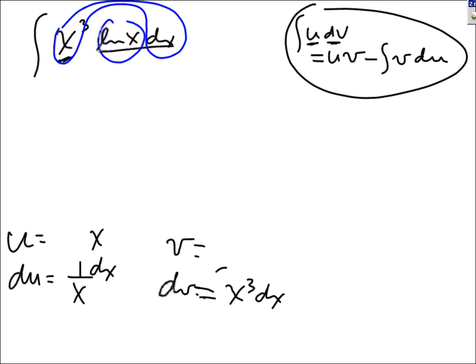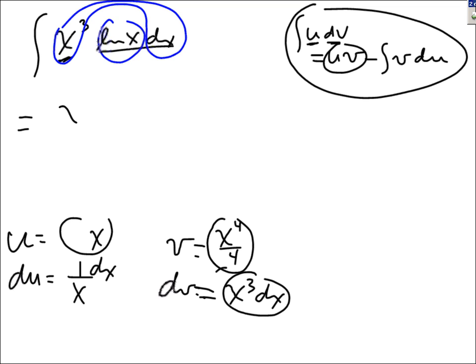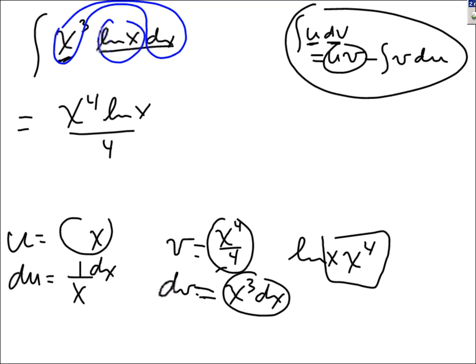So v, which is the integral of this, will be x to the 4 over 4. Okay? So this is equal to u times v, x to the 4 times ln of x over 4. If I had written ln of x times x to the 4, one might assume we're taking ln of that.